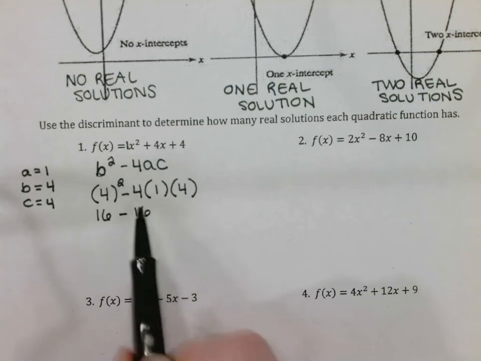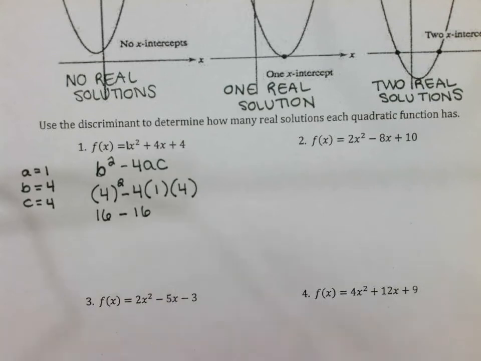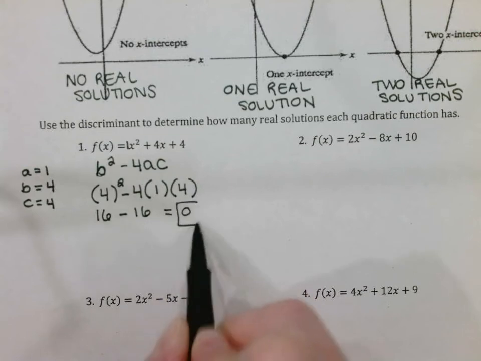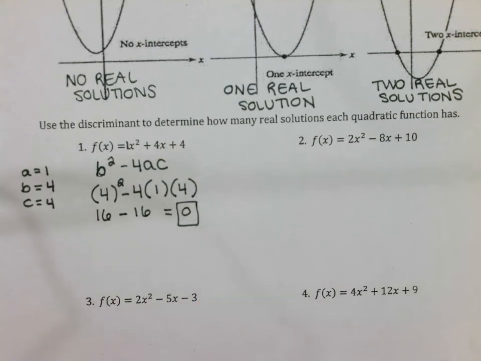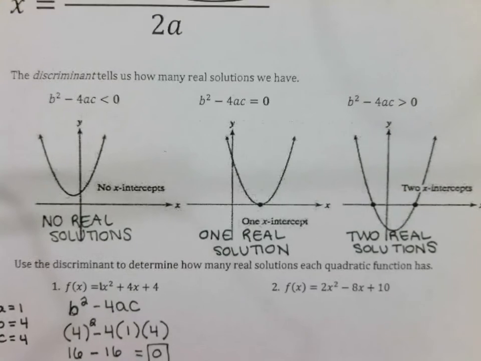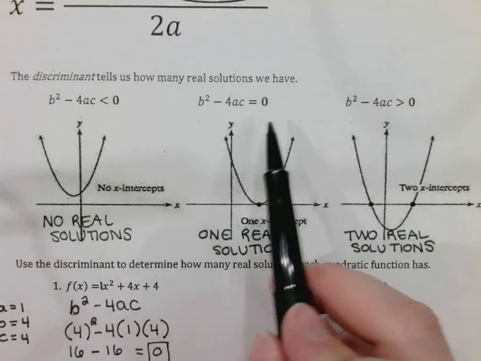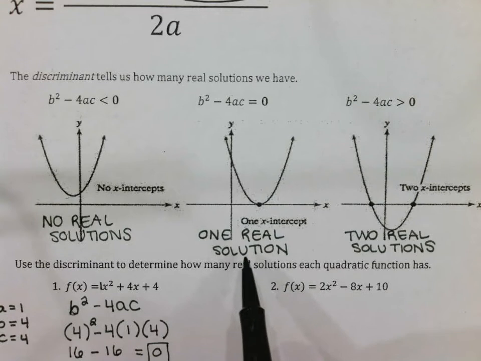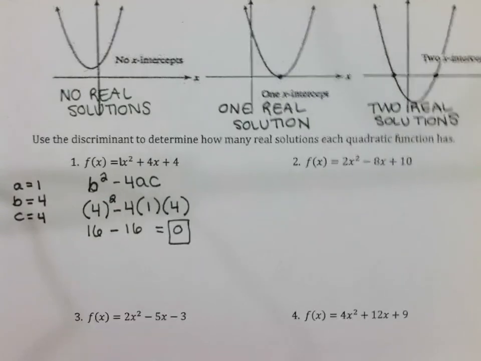So there's 2 different ways to think about that. I know that does throw some students off. So 16 minus 16 gives us 0. Okay, our discriminant is equal to 0. So what does that mean? Let's see. If our discriminant is equal to 0, that means we have one real solution.